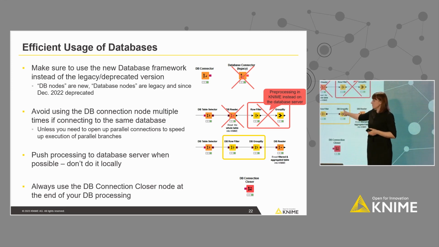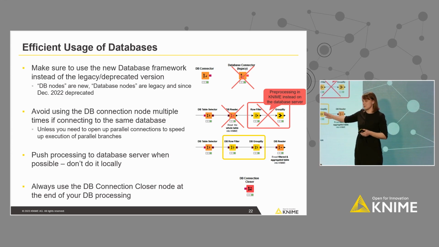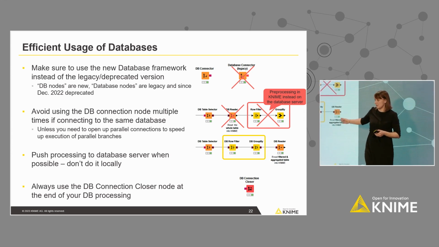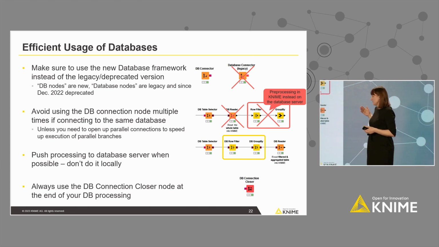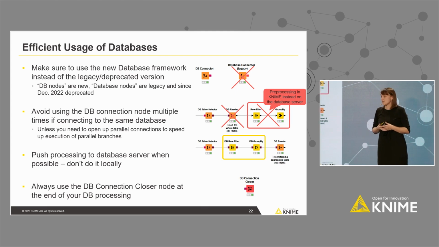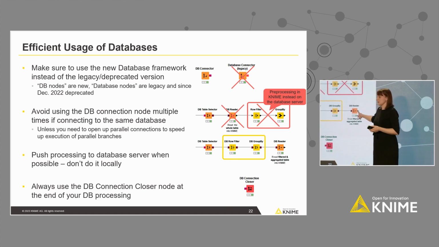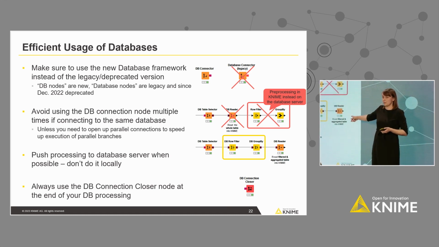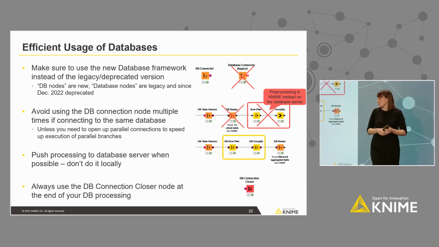Try to use those nodes already before, because as long as you are on the database nodes, you are doing the processing on the database level, not on your laptop. Right? In this case, you might be faster with those nodes, and also you save some memory. Otherwise you load the whole data into KNIME Analytics Platform and filter it afterwards anyway. So this would be a tip.